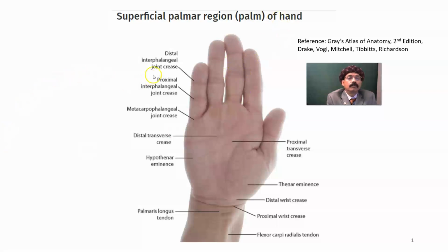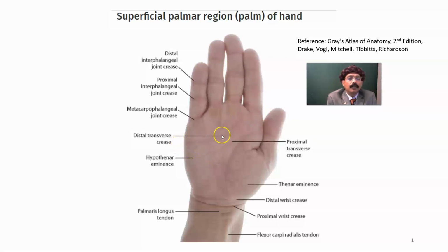So we have a rich number of cutaneous sensory receptors here, so we can easily touch and feel something. It is a great tactile part of our body.